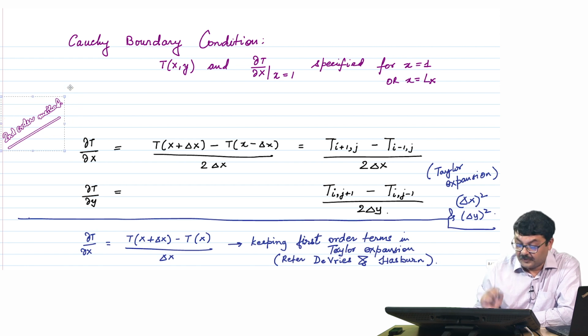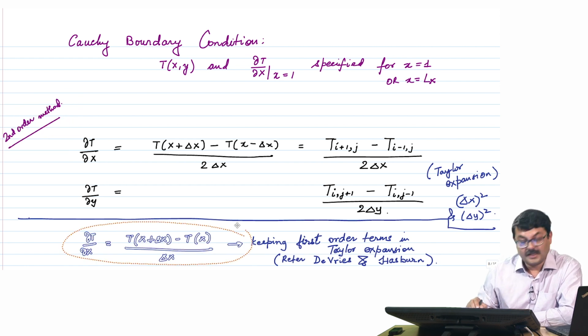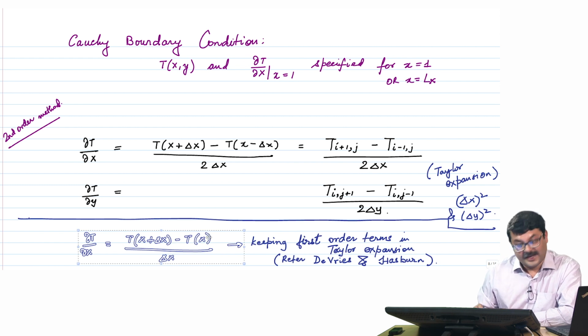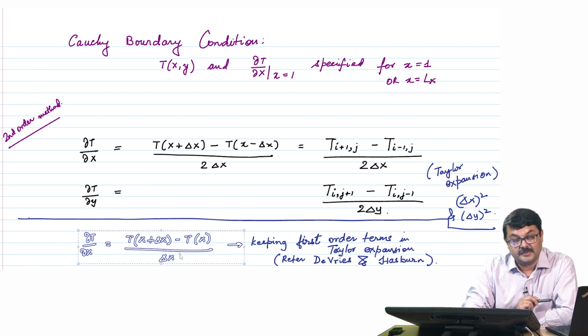You can also have first order schemes in the Taylor expansion, and then you can write dT/dx equal to T, temperature at x plus delta x, minus T at x, by delta x, and this is the so-called first order scheme, right.